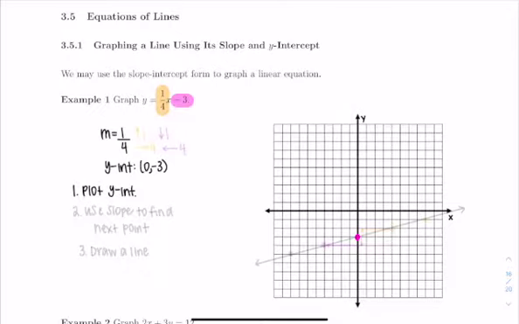And then we're going to use the slope to find the next point. And then you'll draw a line through the 2 points.